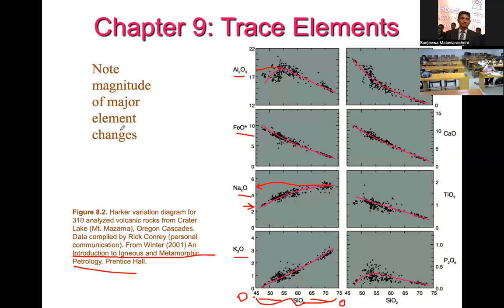So what is the magnitude we are talking about here? The magnitude of major element changes is very small. It's not like 3 times, 4 times, 5 times. Such a big change is not visible in this igneous system, and all the igneous rocks are included here.